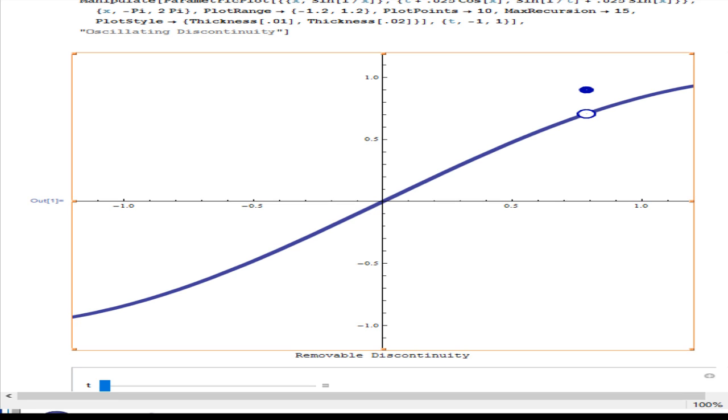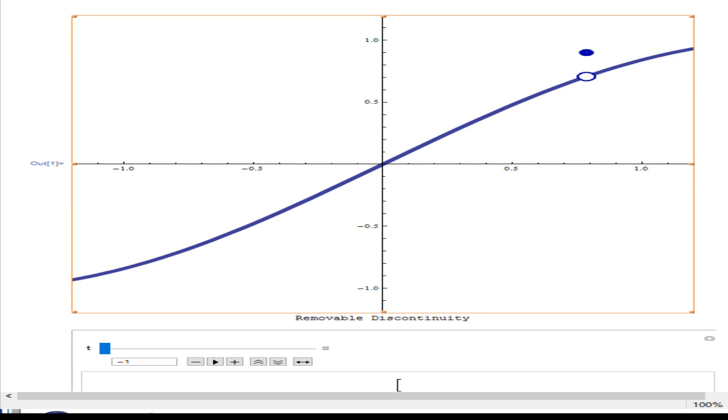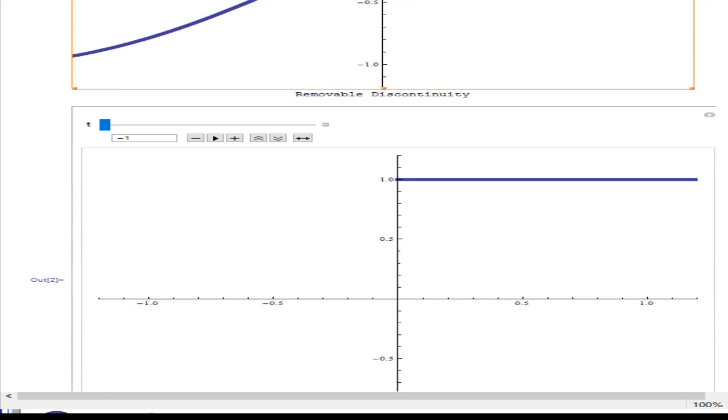So removable discontinuities are cases when the value just doesn't equal the limit, but the limit exists. If we change the value to be the same as the value of the limit, we'd get a continuous function. We could remove the discontinuity. With irremovable discontinuities, however, the limit does not exist, which means we cannot just redefine the function's value at that one point to fix the problem.